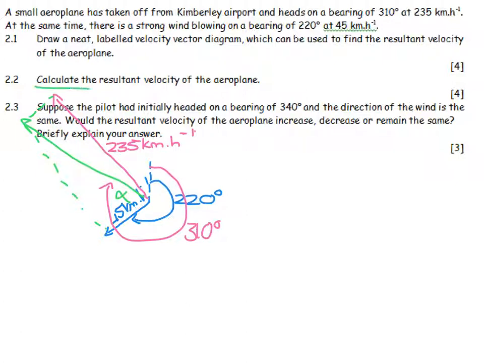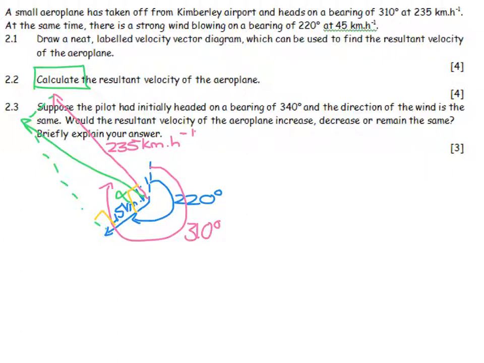Then calculate, not by scale diagram, you are obliged to calculate the resultant velocity. The good news is that there is a difference between 220 and 310 of 90 degrees, which means that I've actually got right-angled triangles all over the place here and can use sine, cos, and tan. So let's go ahead with that.